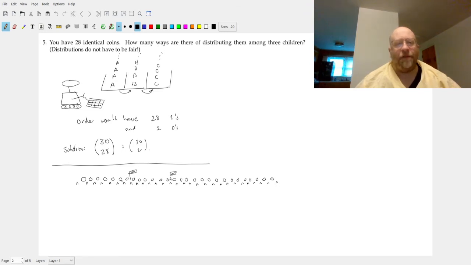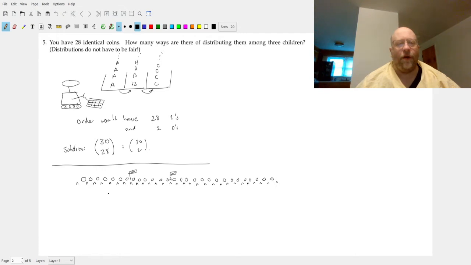And the flags will separate out the distribution so that everything before the first flag goes to the first kid, everything between the two flags goes to the second kid, and everything that comes after the second flag goes to the third kid. And so, how many ways of doing that?